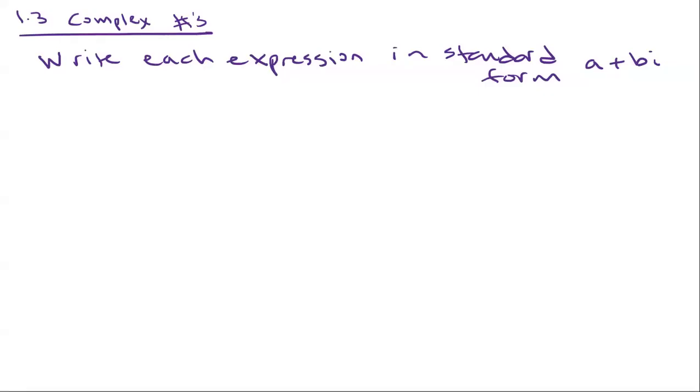Okay, so in this section, in regards to complex numbers, they want us to write each expression in standard form, a plus bi. If you think about this, it's very similar to how we simplify regular expressions.